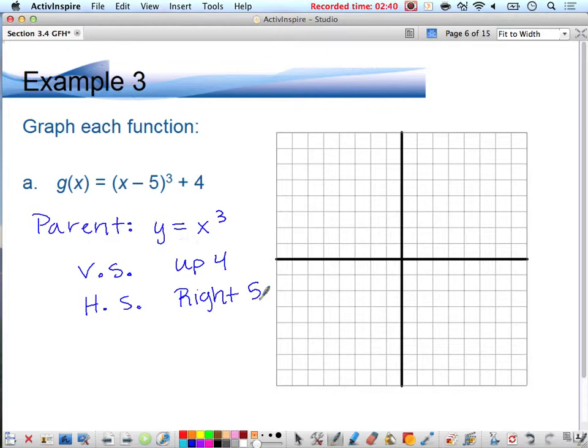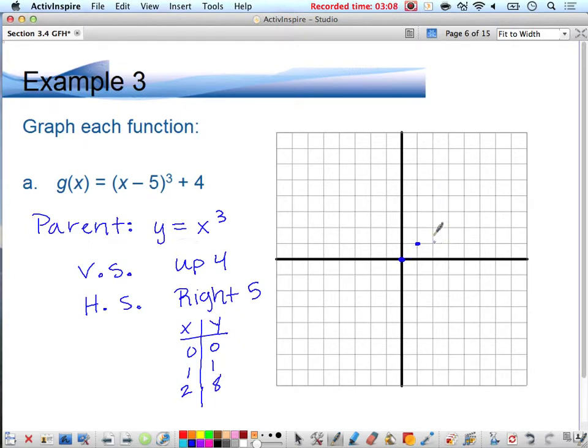If you're not sure what the parent graph looks like, you can, in your mind or somewhere off to the side, just make a quick table. So if I'm going to graph just the parent, if x is 0, 0 cubed is 0. So I'll put a dot at 0, 0. If I put in 1, 1 cubed is 1. So the point 1, 1 is on there. And if I put in 2, 2 cubed is 8.